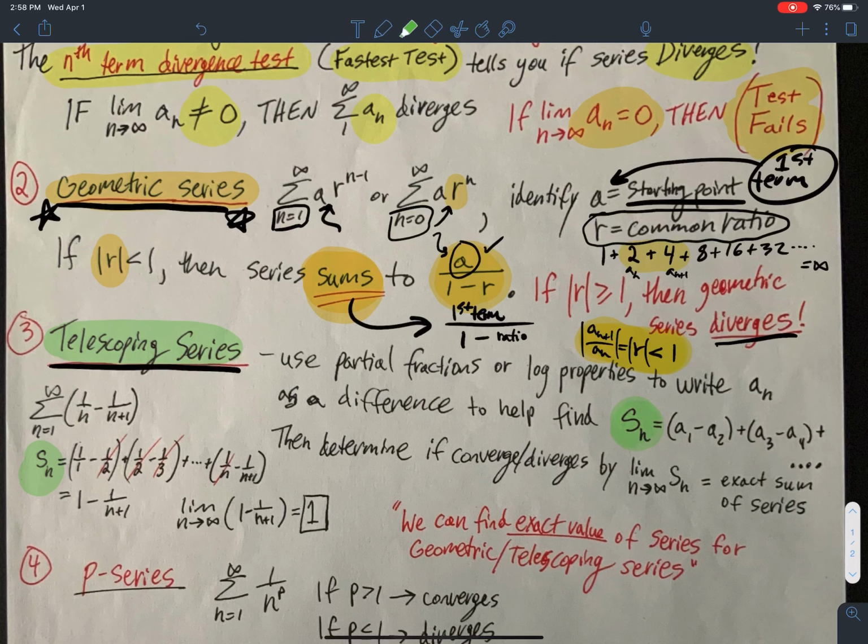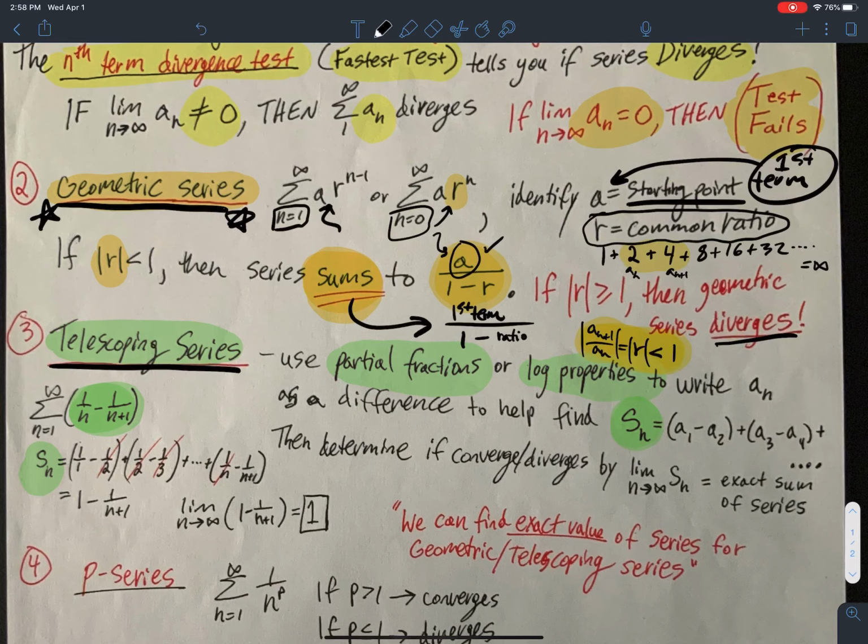Now, to get that nth partial sum, I can write it and I see how I have it split up into two terms like this. Typically, partial fractions is used. Or you could use some log properties depending on what's going on.